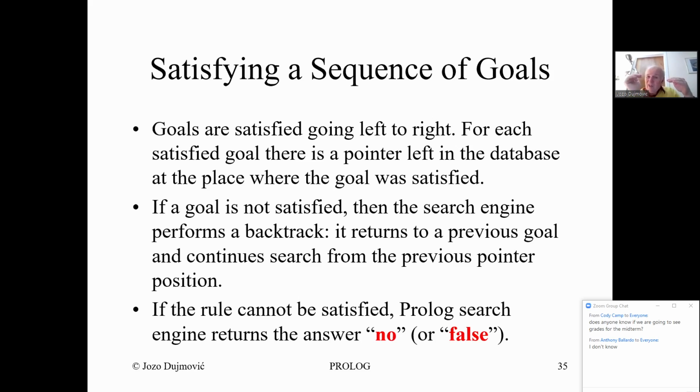If a goal is not satisfied, then you have to perform backtrack. The search engine will backtrack. It returns to the previous goal and continues the search from the previous pointer position. That's why these pointers are extremely important, and that is the basic thing that has to be implemented in the search engine. If the rule cannot be satisfied, and this is very frequently the case, then the search engine will tell you, no, I was not able to prove that rule, or will tell you false. This is not true. Okay.